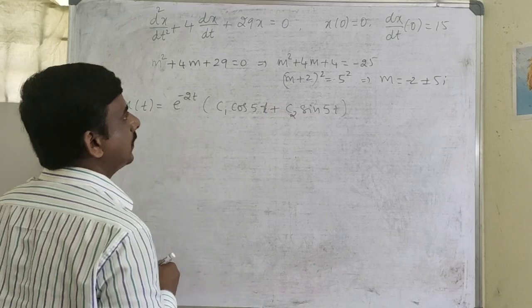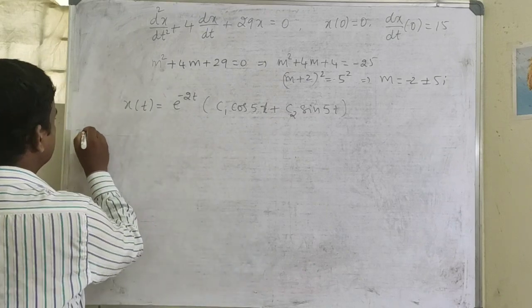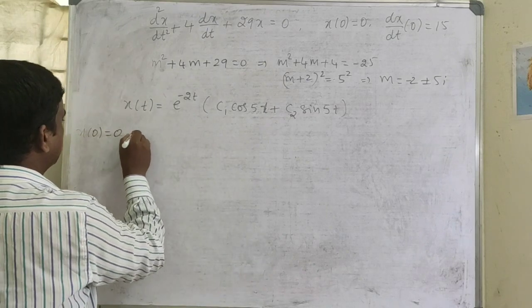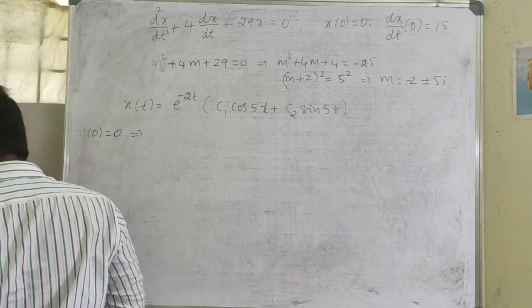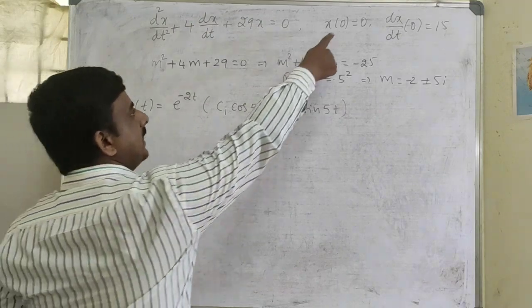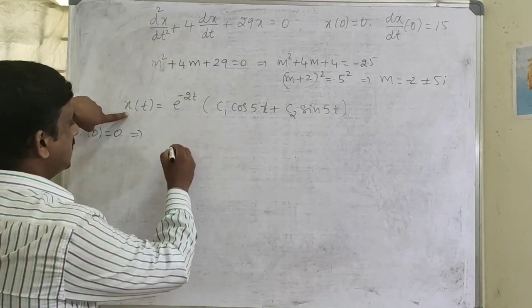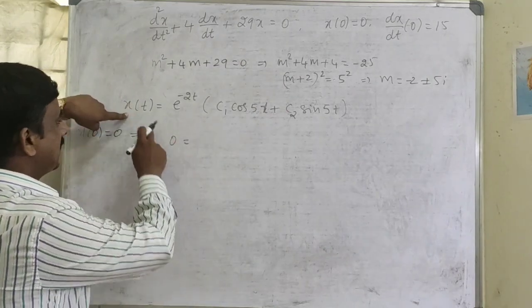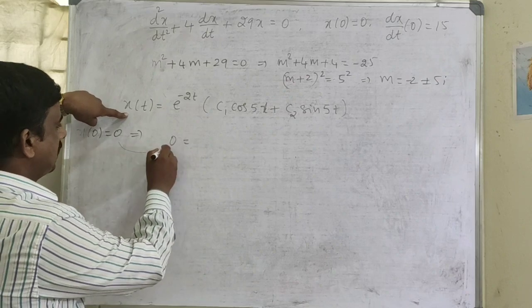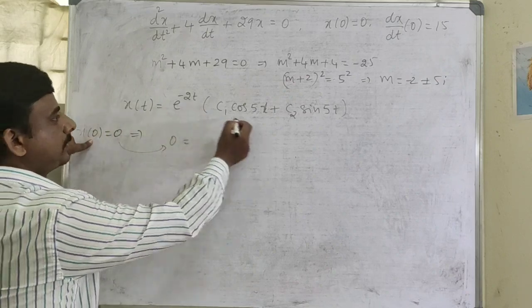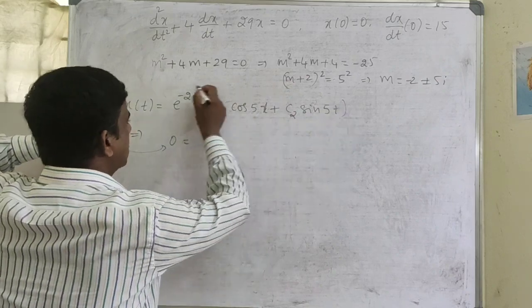Now x of 0, they have given that x of 0 equal to 0. It means when t is 0, the value of x is also 0. So 0 equal to, for this 0 I have to put t equal to 0 on this side.